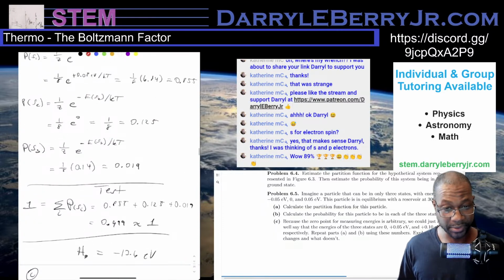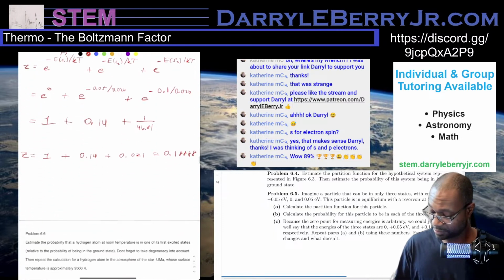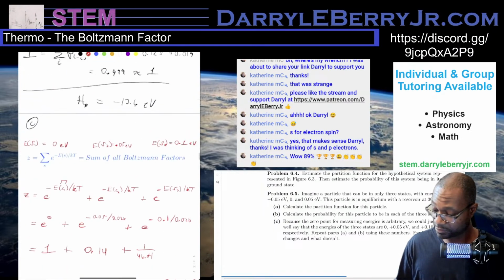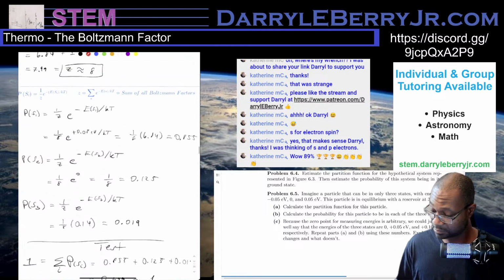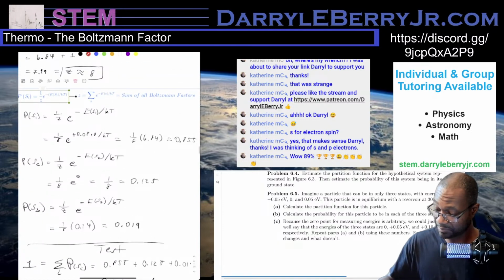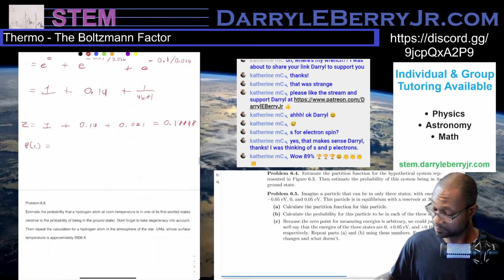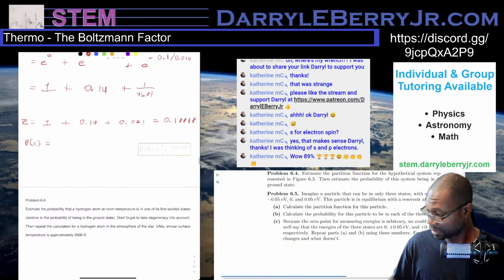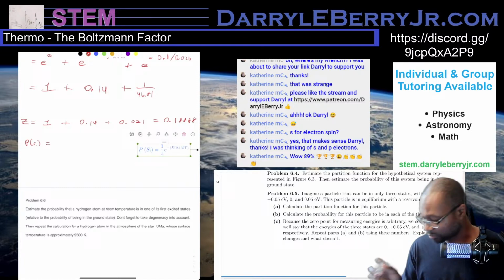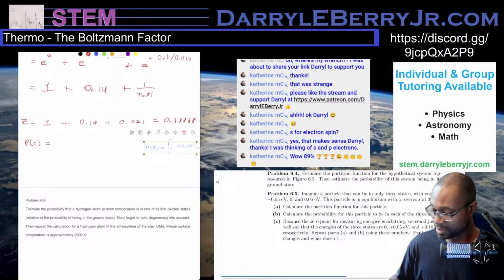So calculate the probability for the particle to be in each state. So the probability of S1 is going to be, now I'll just copy this down for convenience. And I'll close up after I finish this problem. Yeah, about 40, 45 minutes. So I'll wrap up after this problem here.